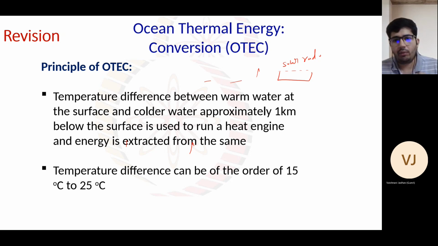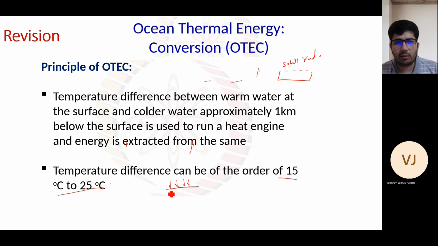So there will be a temperature difference, and this temperature difference can be of the order of 15 degree to 25 degree centigrade. You can see there is a huge temperature difference, because we know that the upper layer is directly exposed to the sun rays.